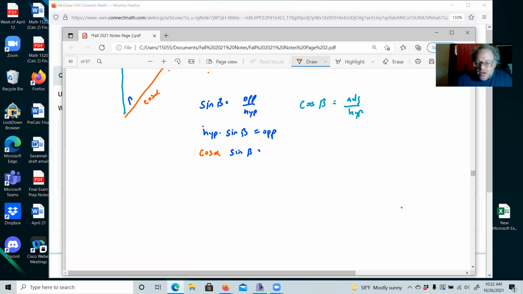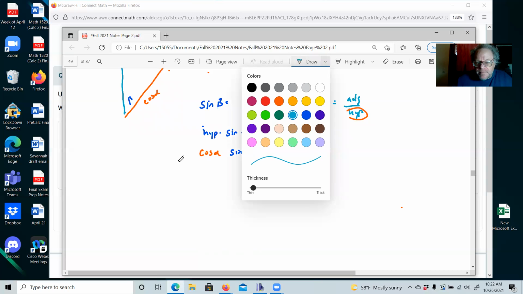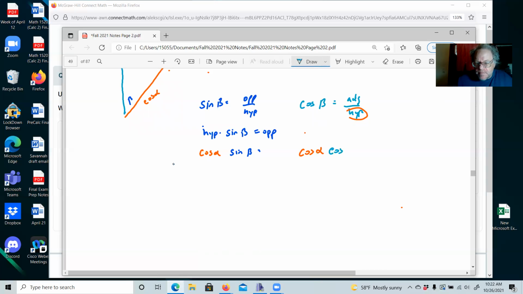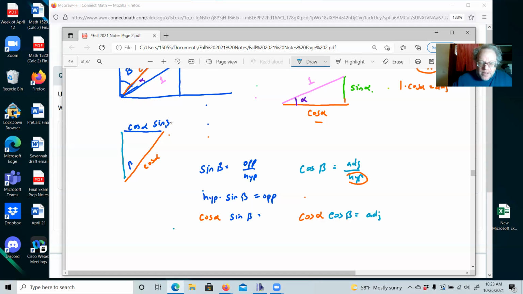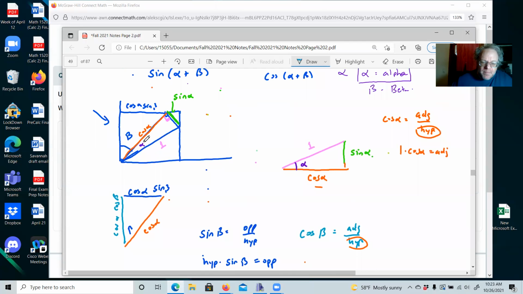So we have cosine of alpha, that's the hypotenuse, times the cosine of beta, and that was equal to the adjacent side. So this side up here was cosine alpha cosine beta.